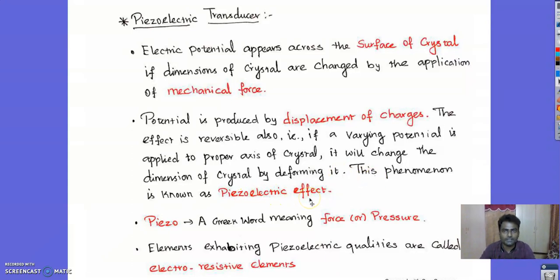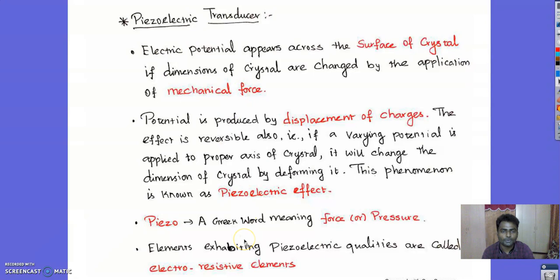That is, the change in dimension of the crystal caused by the external mechanical force applied over it is known as the piezoelectric effect. The word piezo is actually a Greek word which means force or pressure. That means pressure or force is converted into electrical energy with the help of the transducer.